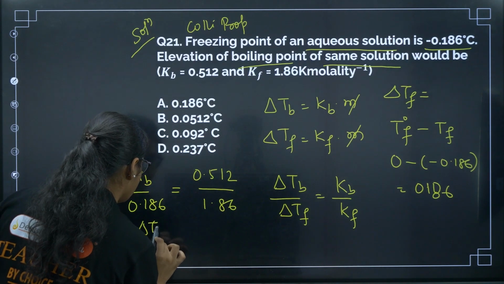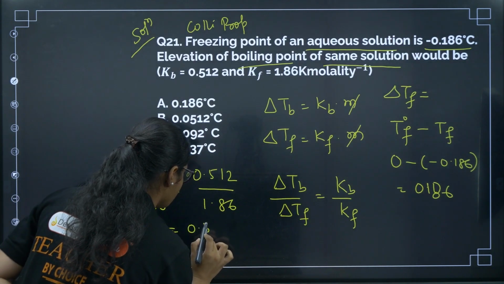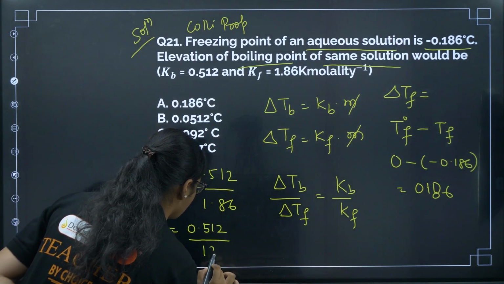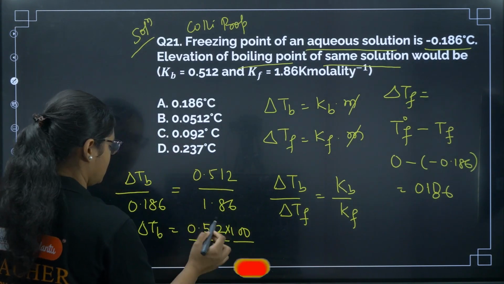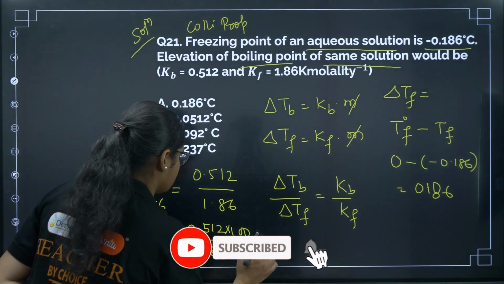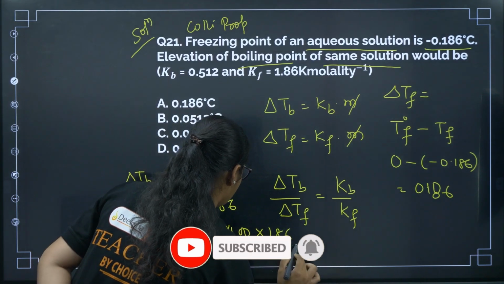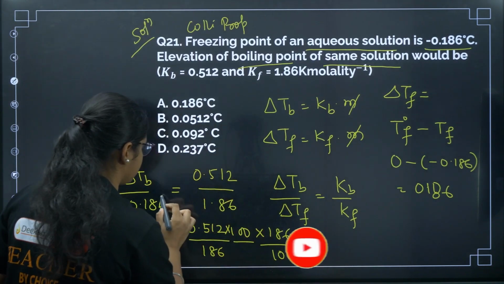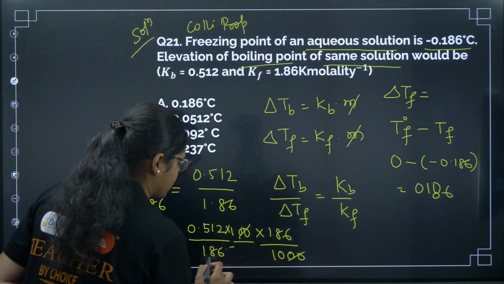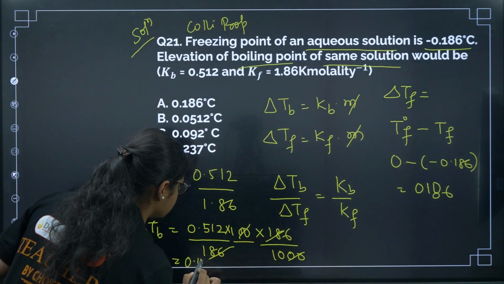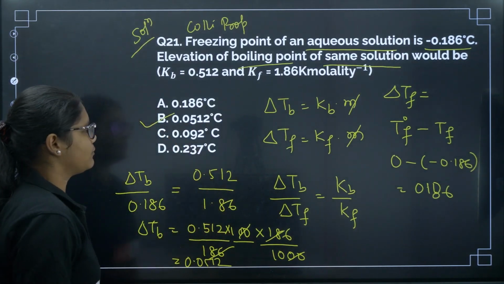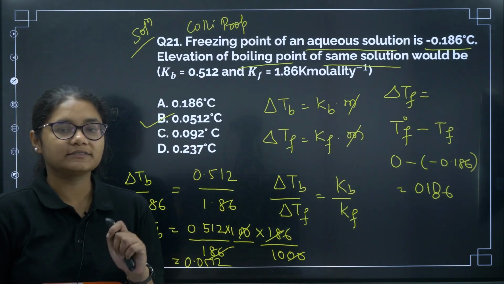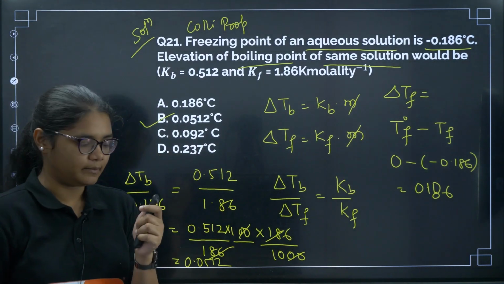So now delta TB value is how much? 0.512 by 1.86, and we have this one, that is 0.186. Okay, so I will just put the decimals here. So we can cancel it, we'll get 0.0512. So the elevation in boiling point will be 0.0512. The correct answer for this question is option number B.